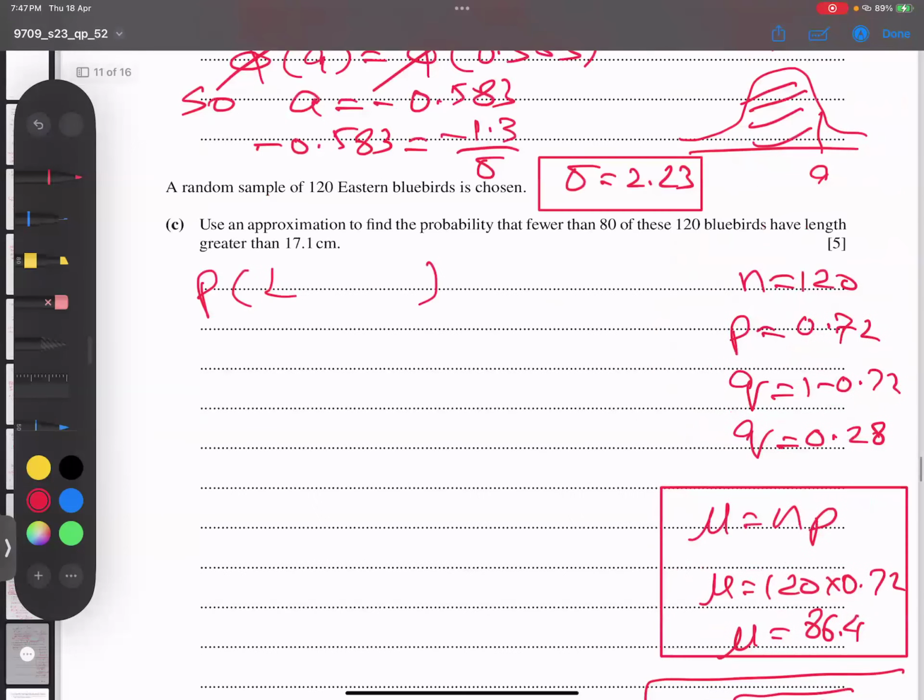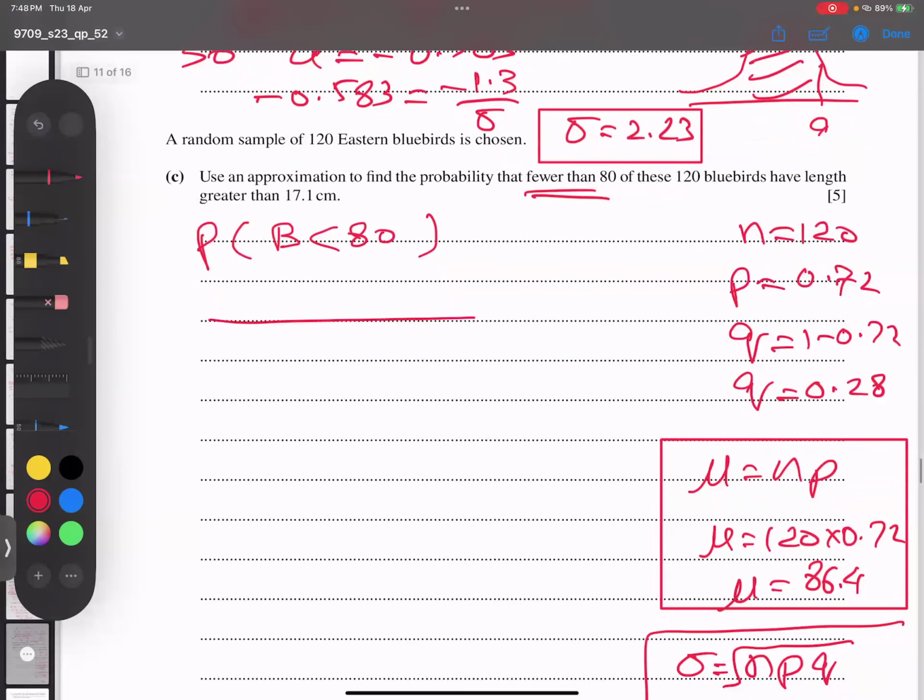Now, what is the question saying? Fewer than 80. So the probability that fewer than 80 birds. Okay, I should not write length here. So birds are less than 80. Okay, this is our target. Now we do a continuity correction also. Why?